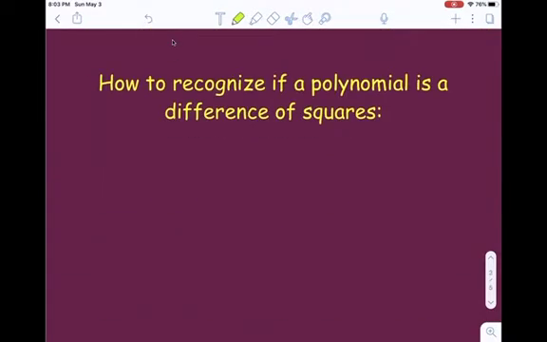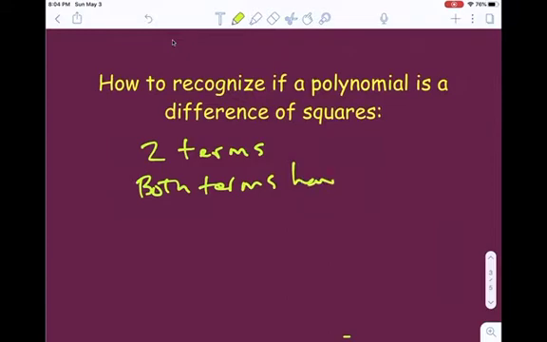You recognize if the polynomial is a difference of squares. So first of all, there'll be 2 terms, and almost always only 2 terms. Both terms will have square coefficients. And remember, if it's just a variable, and there's no coefficient listed, that means it has a coefficient of 1.